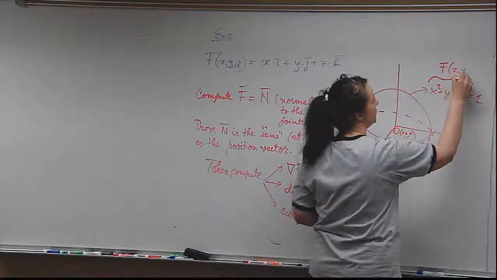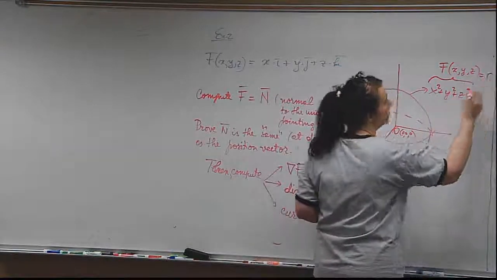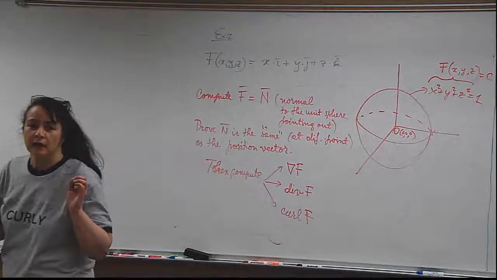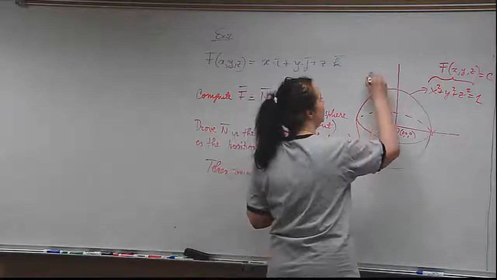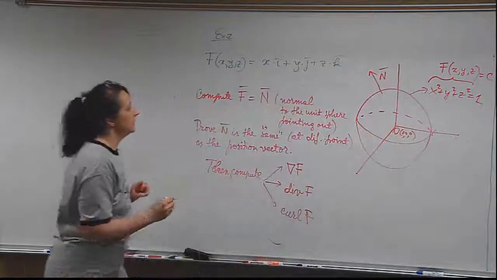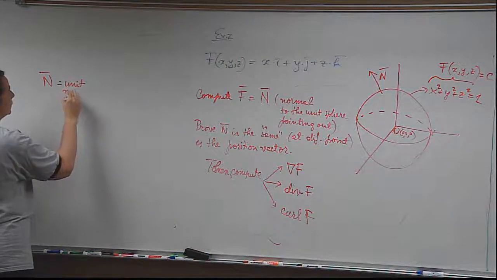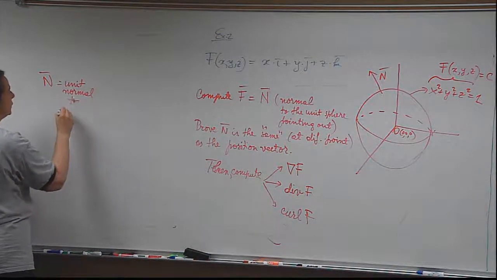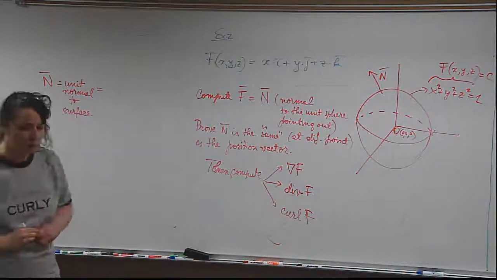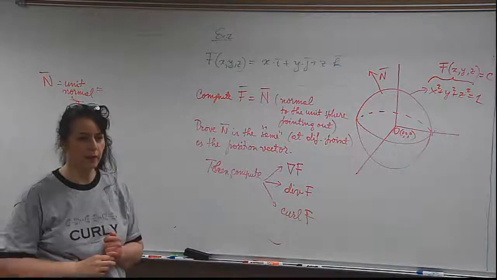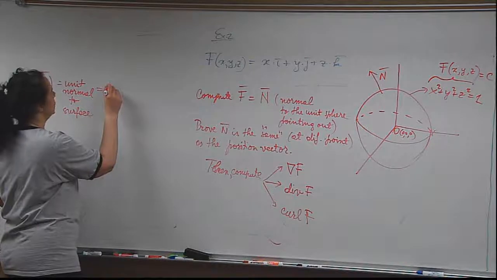If you have a function given implicitly as f of x, y, z equals c, then n is your friend from the past, a unit normal to a surface. It happens all the time in engineering, whether you do solid mechanics or fluid mechanics. This is going to be what?